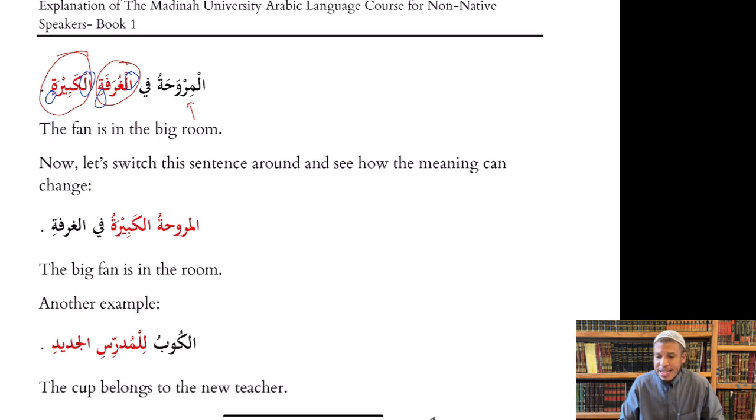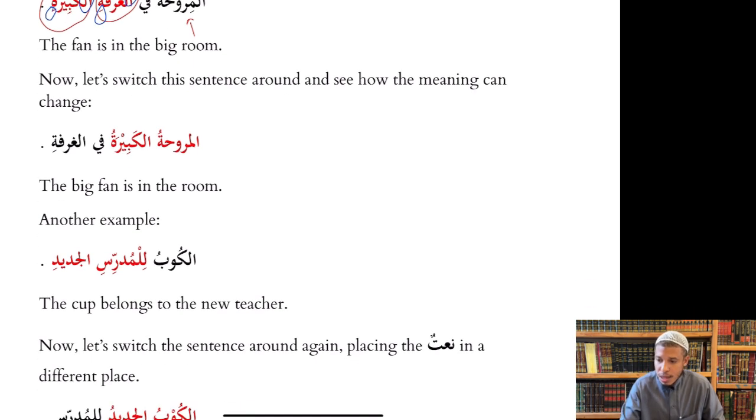All right. Let's switch this sentence around and see how the meaning can change. المروحة الكبيرة في الغرفة. Now look.